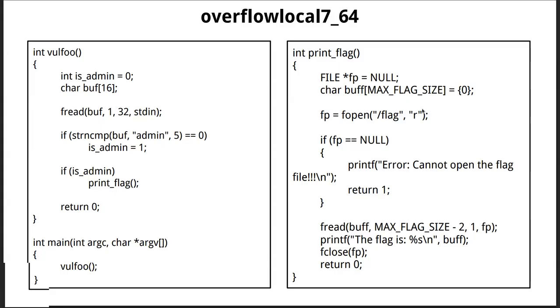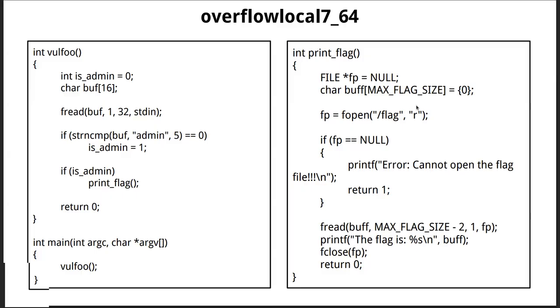We have the main function. The main function calls walkthrough. Walkthrough first has a local variable, is_admin. It's an integer, so 4 bytes. Even for the voting machine, usually it's 4 bytes. Then there's the buffer, 16 bytes.